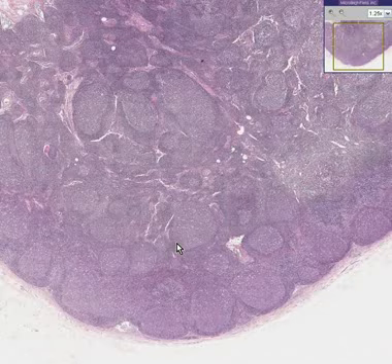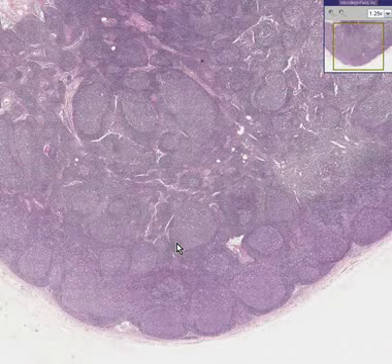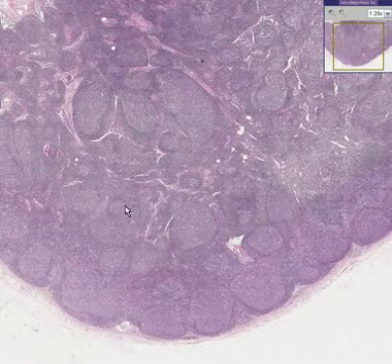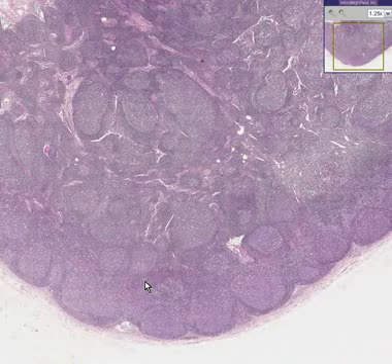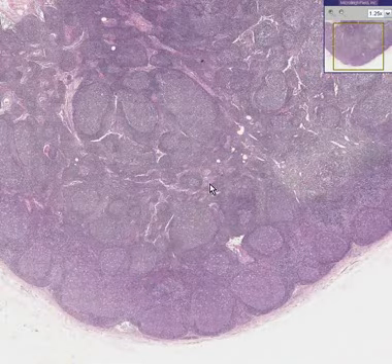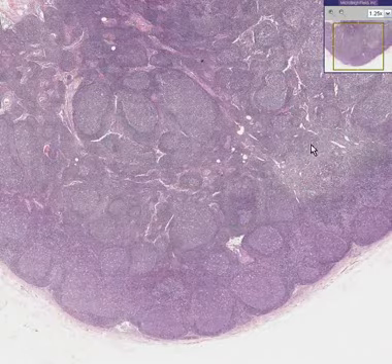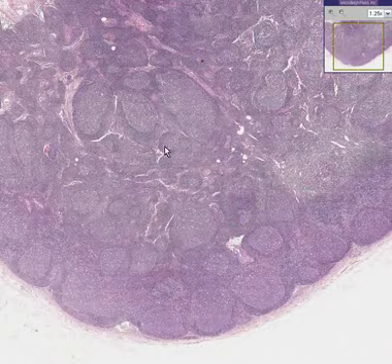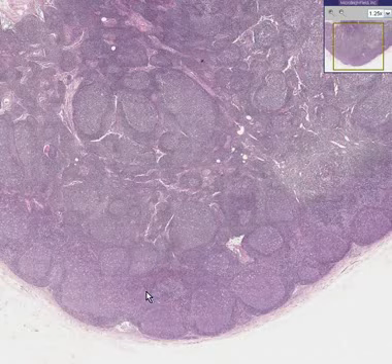A lymph node generally responds to inflammatory stimuli in two ways, and this is one of them. This is follicular hyperplasia. The other type, which we have seen before, and maybe we'll see again, is when the medullary cords and sinuses, especially the sinuses, become prominent, and they may overwhelm or push out or lessen the follicles.